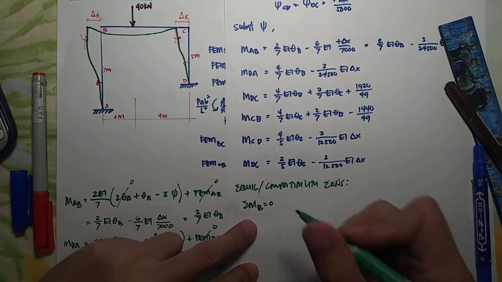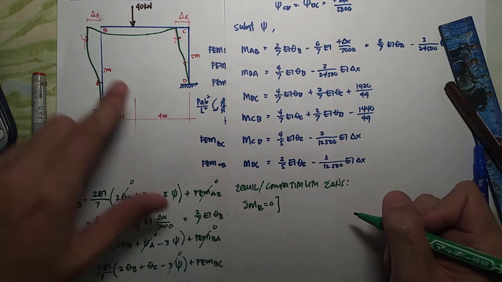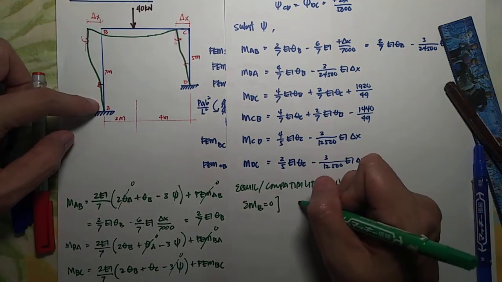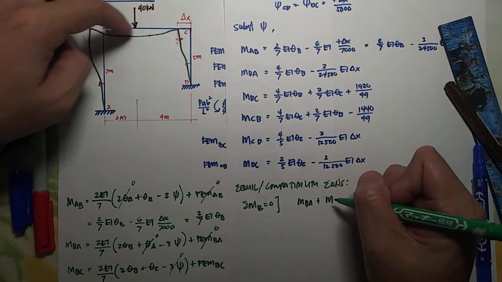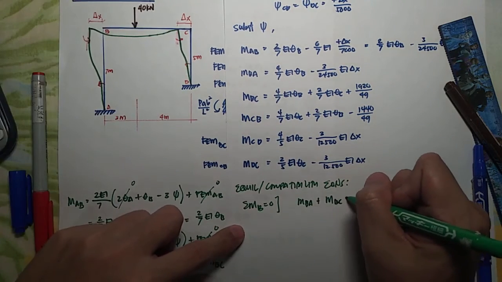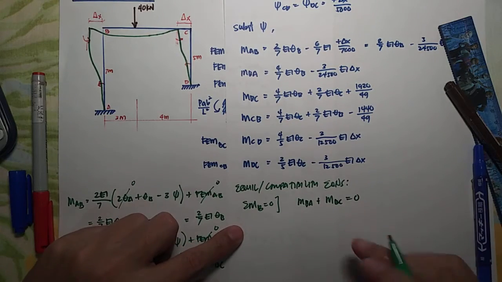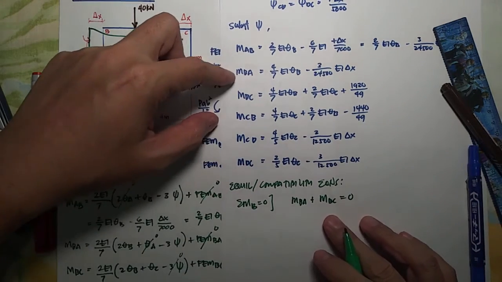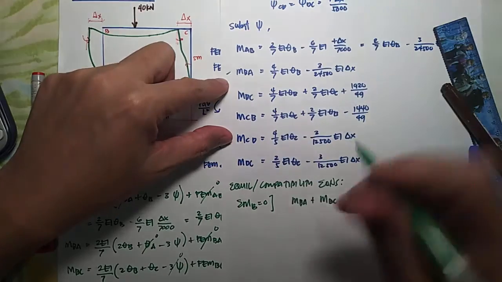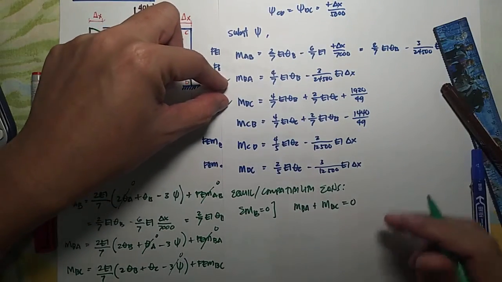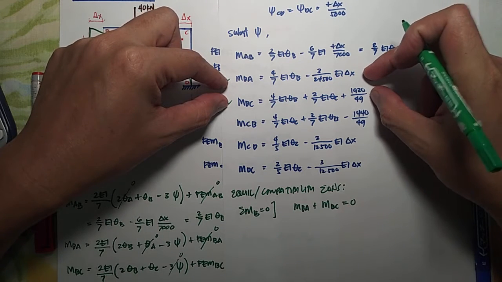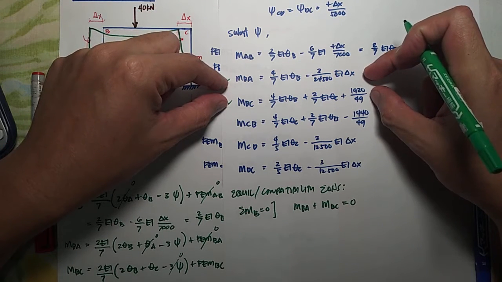The summation of moment there should be 0. So, that means MBA when added to the moment on BC should be equal to 0. Okay, so that would be this one, BA and BC. So when we add these two, the sum of these two should be 0.